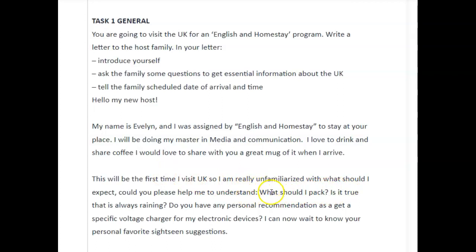No colon, no capital, and then this should be in sentence order. What I should pack. The reason for that is because it's an indirect question. And when we write indirect questions, we use sentence form. It's indirect because you've already used the question form here. So this should be in sentence form. And then the question mark is fine because it is a question.